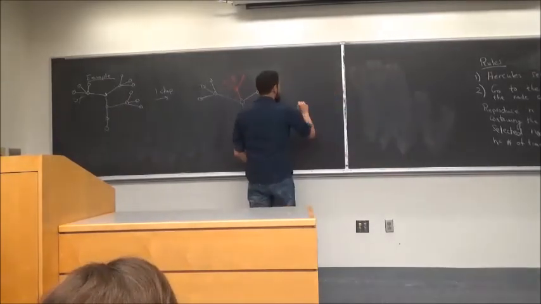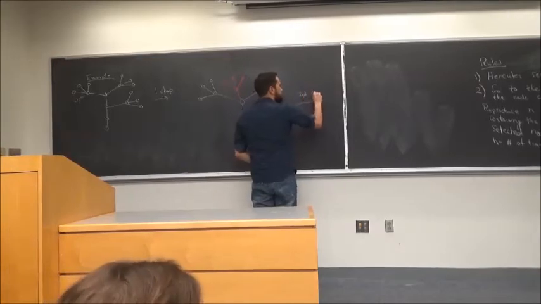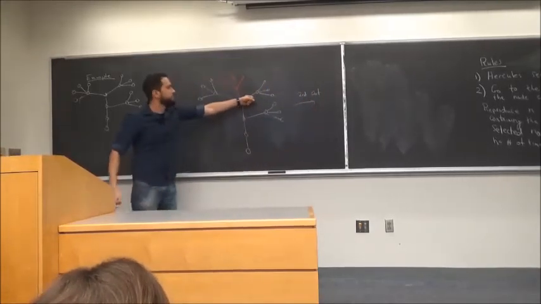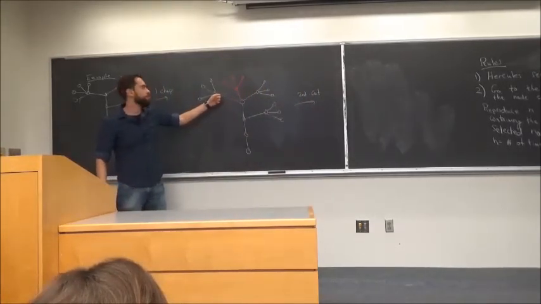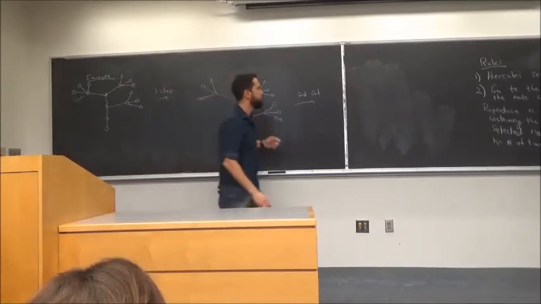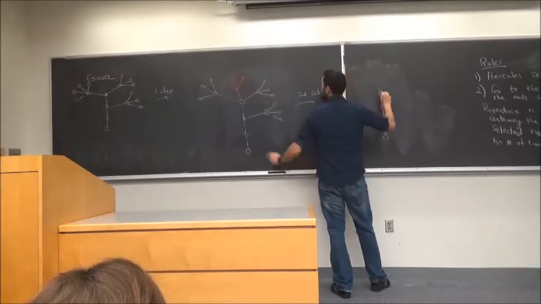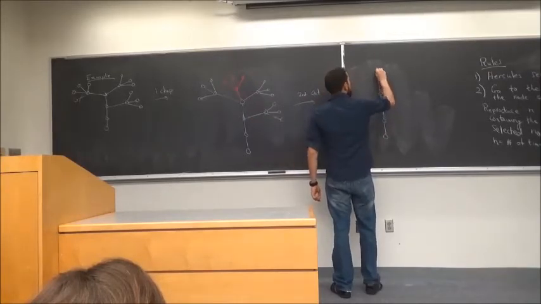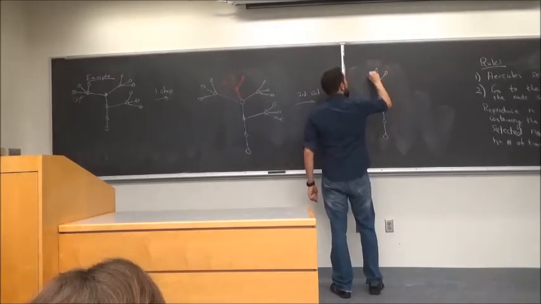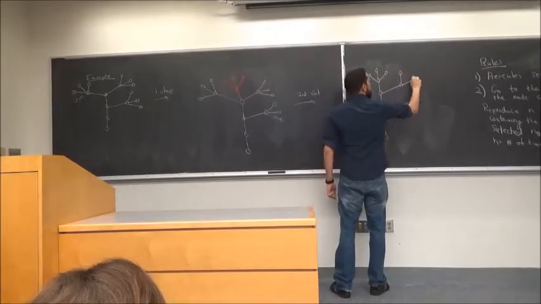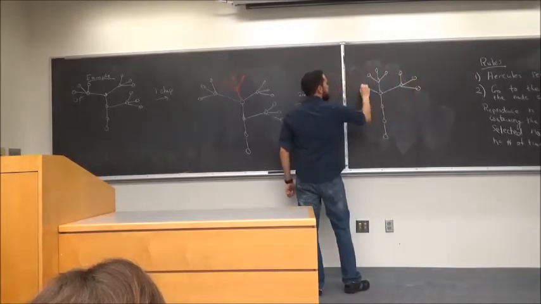Right? So if I do my second cut, the top of the Hydra, all this stuff is going to remain the same. Right? So these guys will stay the same. We're just going to have a bunch of new heads down here. So we have 1, 2, 3, 4. Right? These guys are all the same.